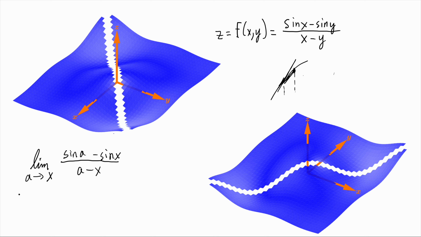Hey, this is like saying I have the point a comma x, this coordinate point in the xy plane, getting close to the point x comma x, where the x stays the same, constant the whole time. So the second coordinate stays absolutely the same, and the first coordinate changes, and we're heading in toward that point.